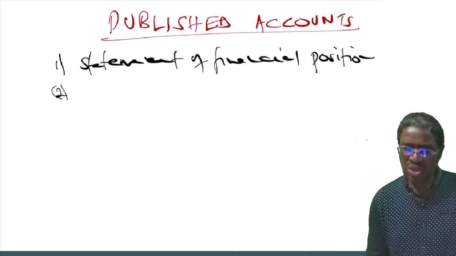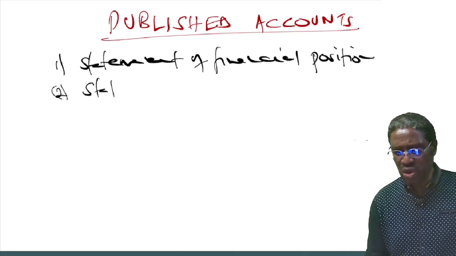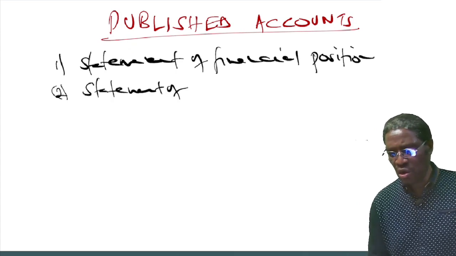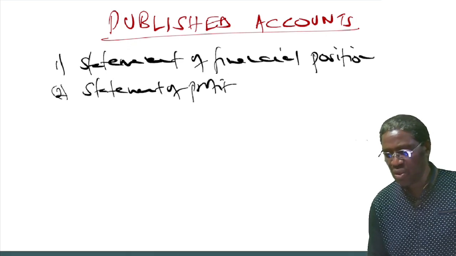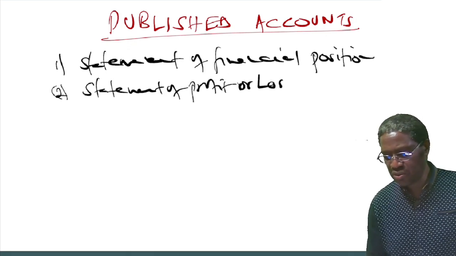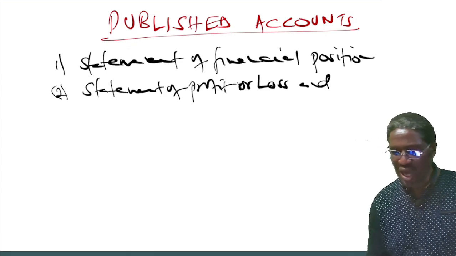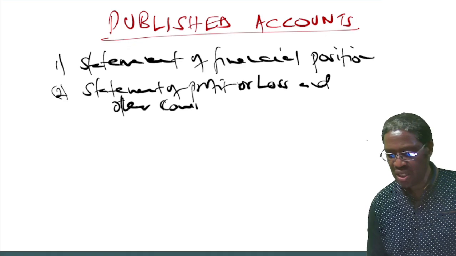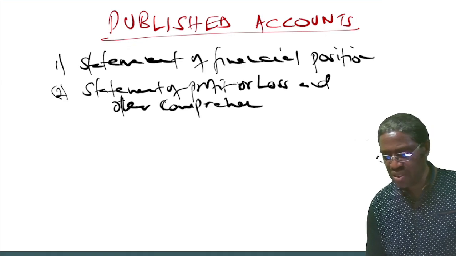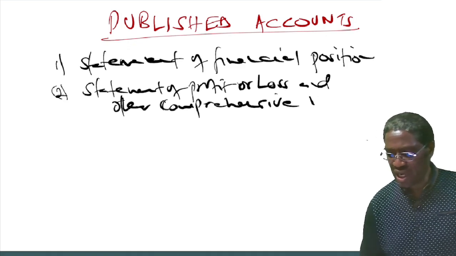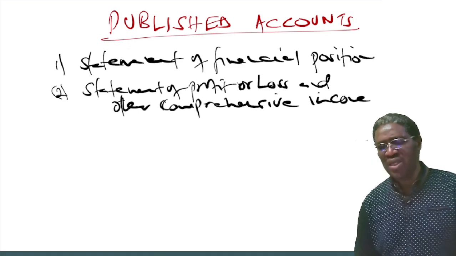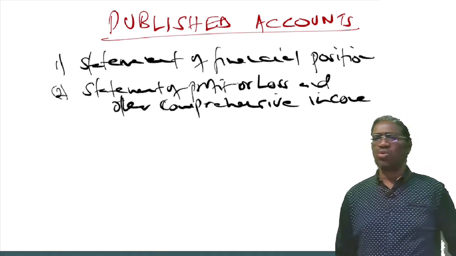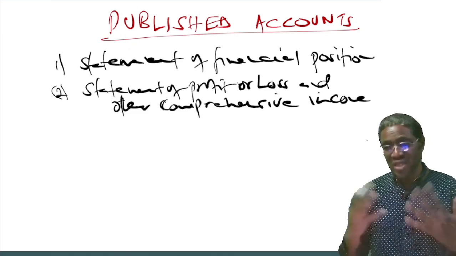Number 2, you are required to include what we call statement of profit or loss and other comprehensive incomes. In simple terms, this is what you could also call income statement.